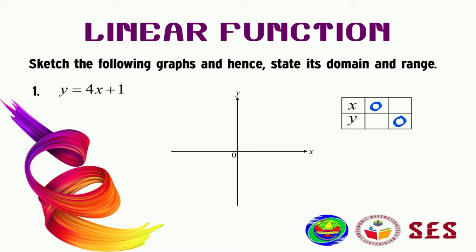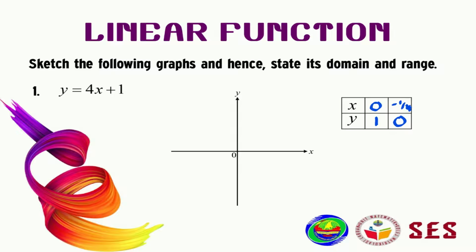When x is equal to 0, we get y equals 1 in this case. When y is equal to 0, we obtain x equals negative 1 over 4. We plot these 2 points on the axis and join them using a ruler.